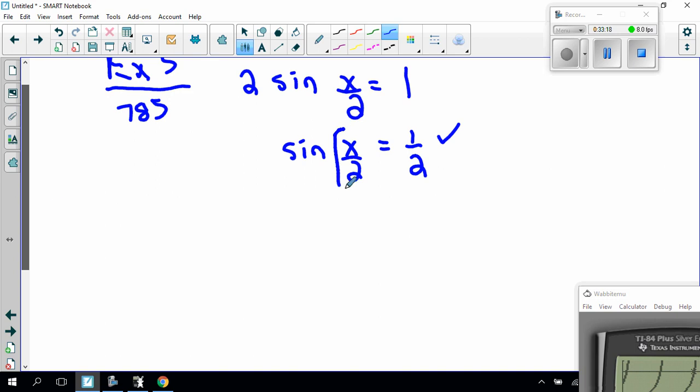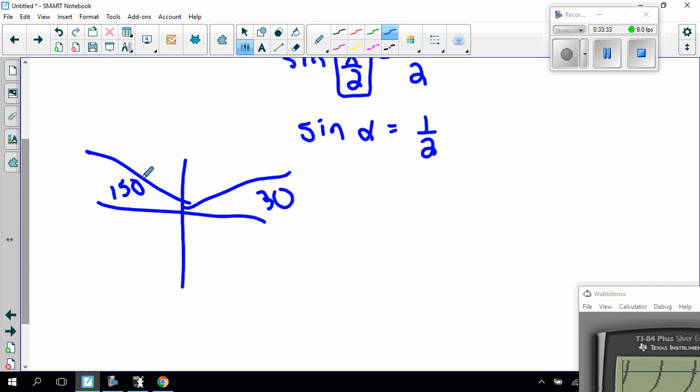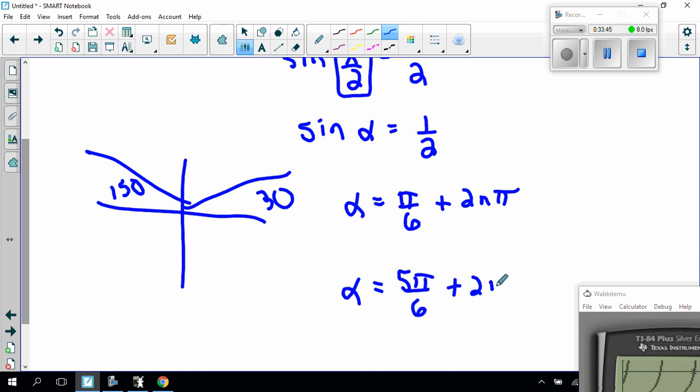That's not sine x, so I gotta make a temporary substitution in my mind. I know these answers. Sine's positive here and here, 30, 150. Therefore, alpha equals pi over 6 plus 2n pi, and alpha equals 5 pi over 6 plus 2n pi.